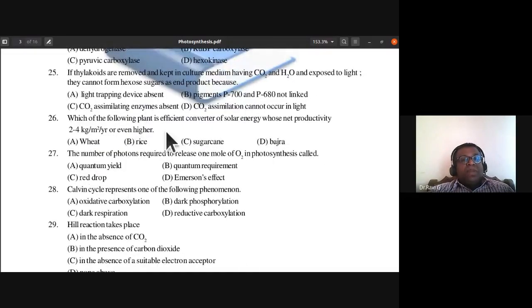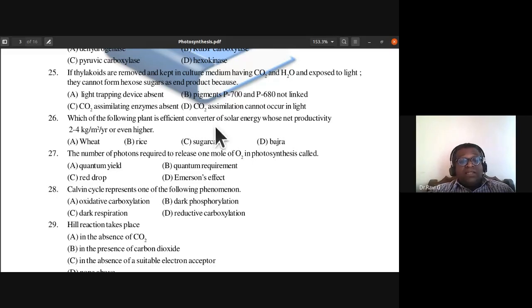Which of the following plants is an efficient converter of solar energy whose net productivity is 2 to 4 kg per meter square per year or even higher? Wheat, rice, sugarcane, bajra.